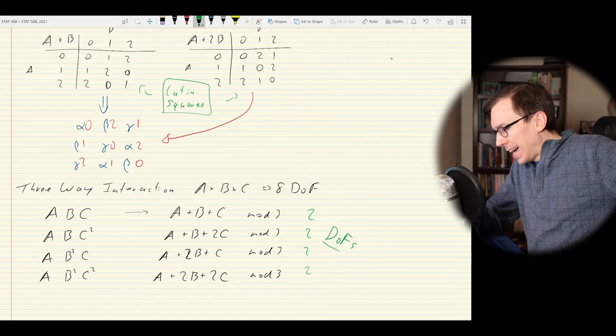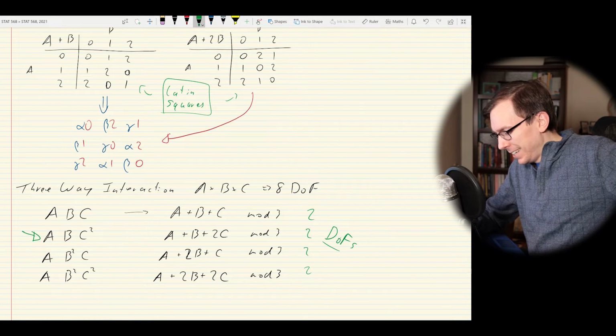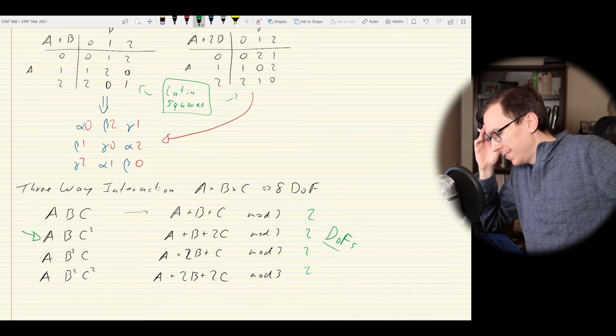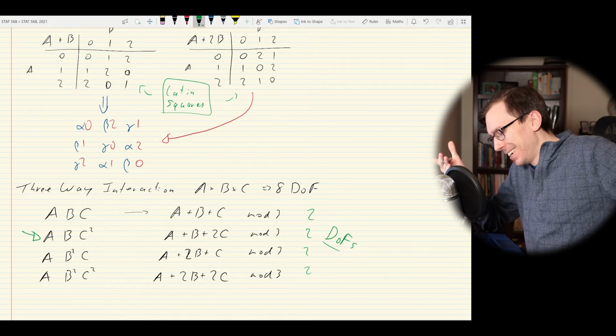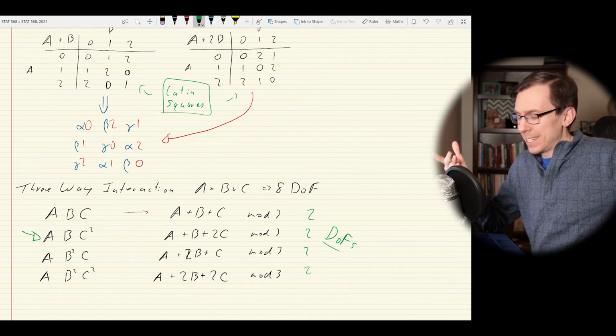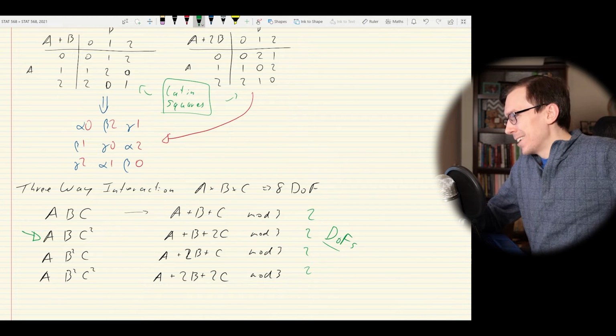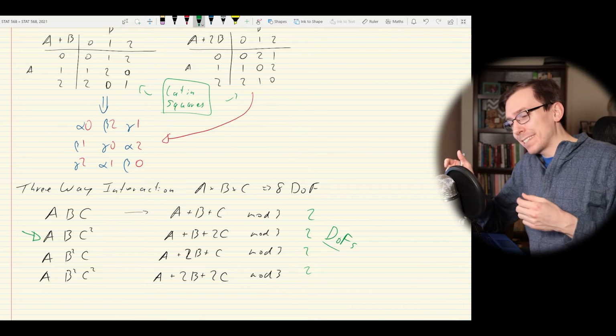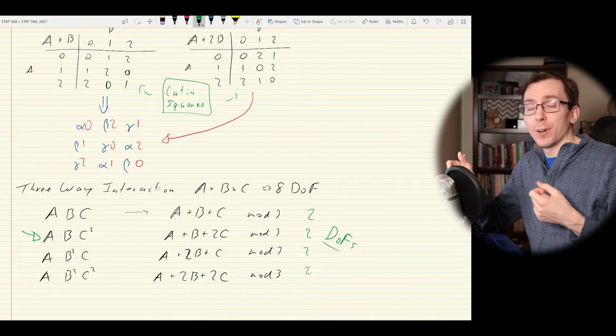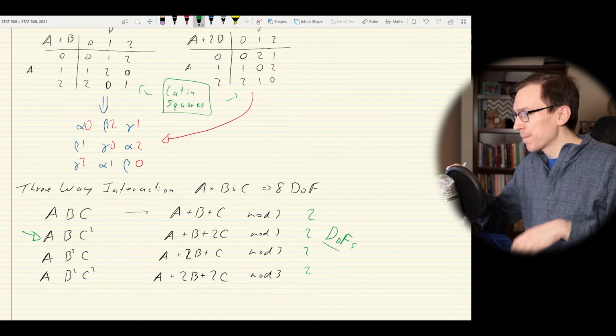But if you had significance, let's say here, for A plus B plus 2C, then the thought is, what in the world does that mean physically? It's really hard to interpret some of these interactions. So it's good to know that there is an interaction, but being able to tease out what's going on there is not always straightforward.